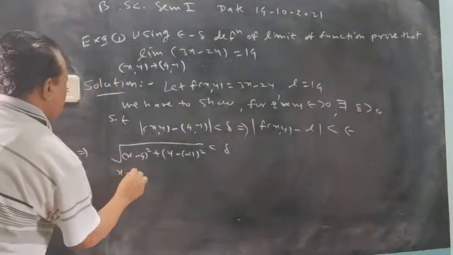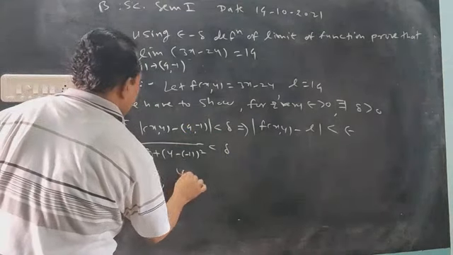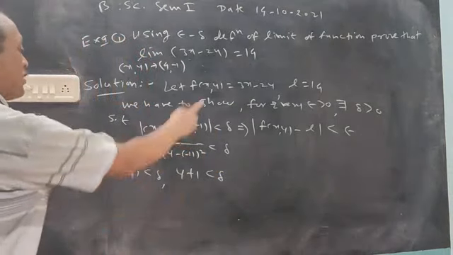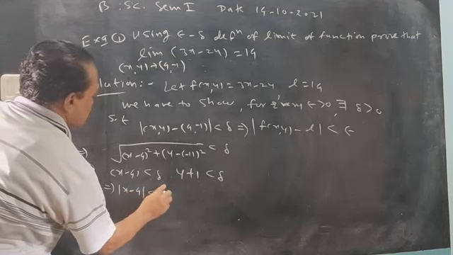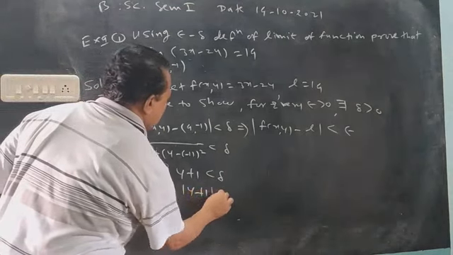That means mod of x minus 4 must be less than delta, and mod of y plus 1 will be less than delta.